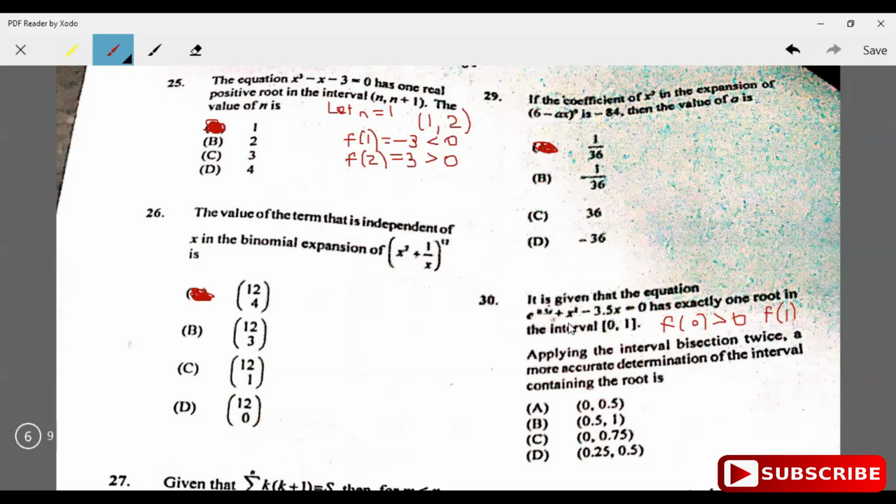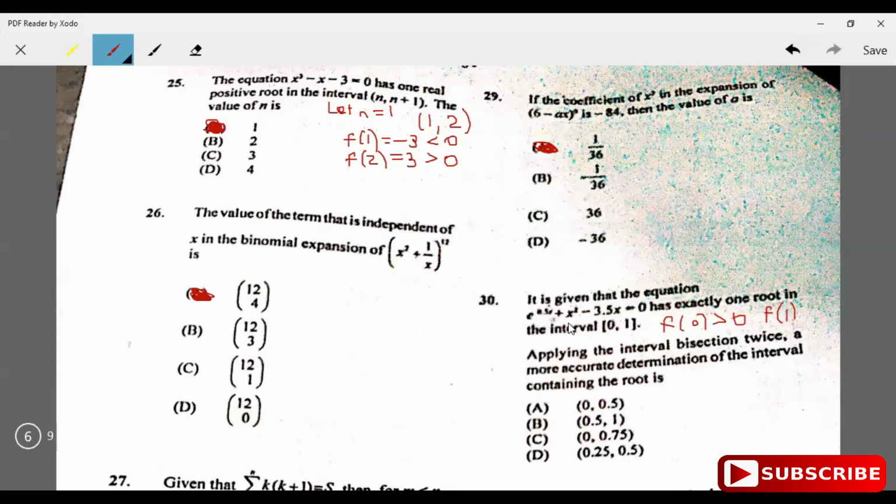E to the 0.5 plus 1 squared minus 3.5 times 1.